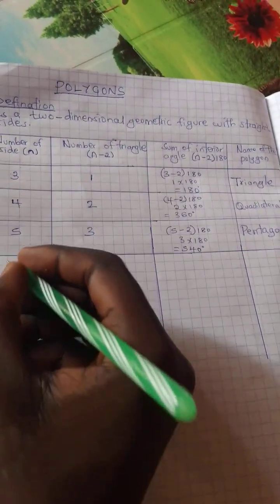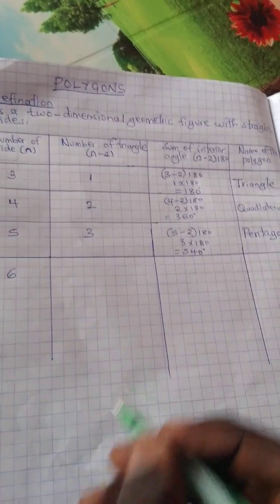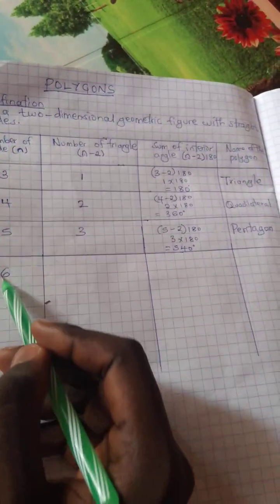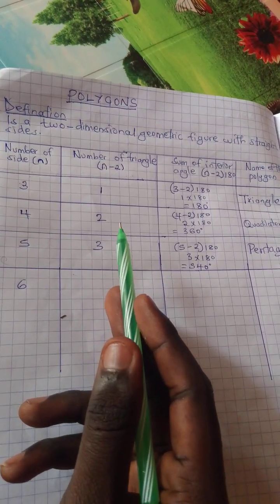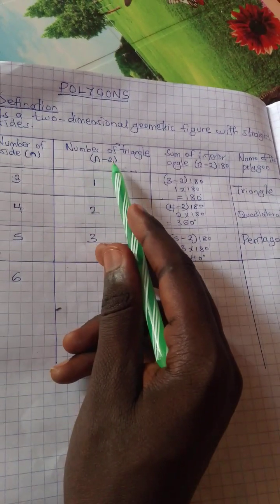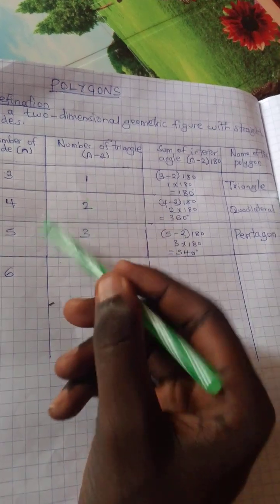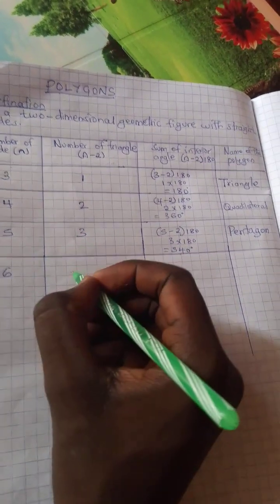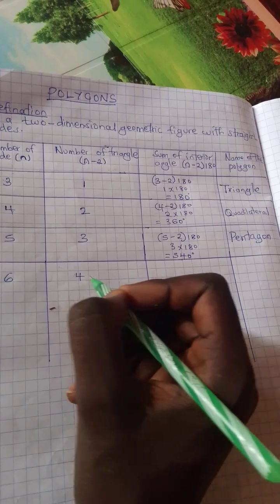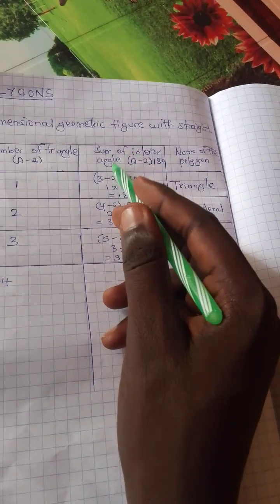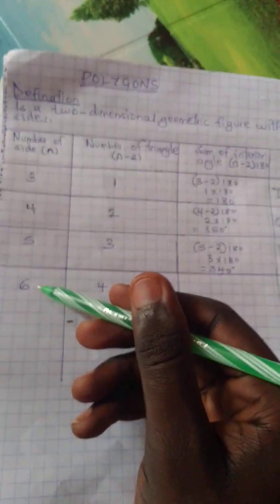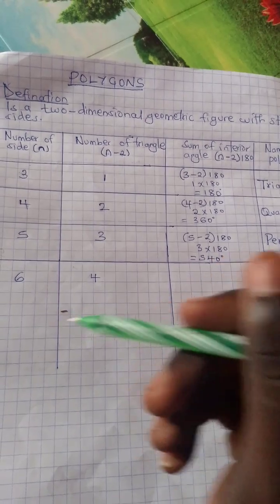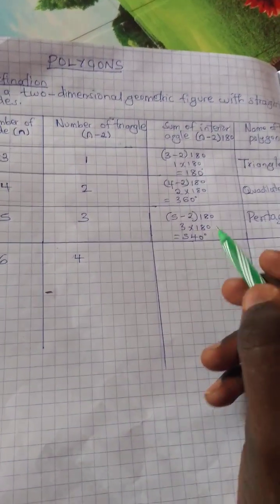Let's go to the 6th one. Let's write 6 here. The number of sides here will be 6. Then, how do we get the number of triangles? n minus 2. Our n here is 6. 6 minus 2 will be 4. Okay, I think we're together here. How do we get the sum of the interior angles of the six-sided figure?